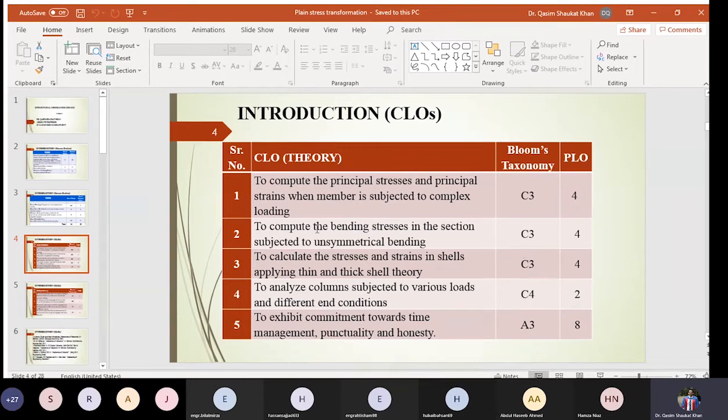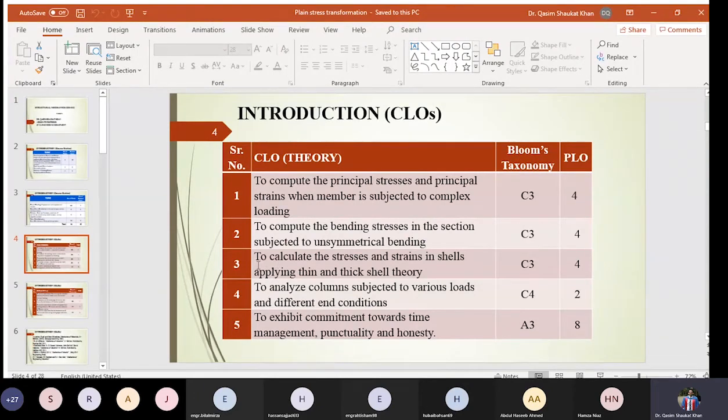The second CLO is to compute the bending stresses in the section subjected to unsymmetrical bending. This CLO is linked with PLO4, and Bloom's taxonomy is C3, cognitive, mild difficulty level.